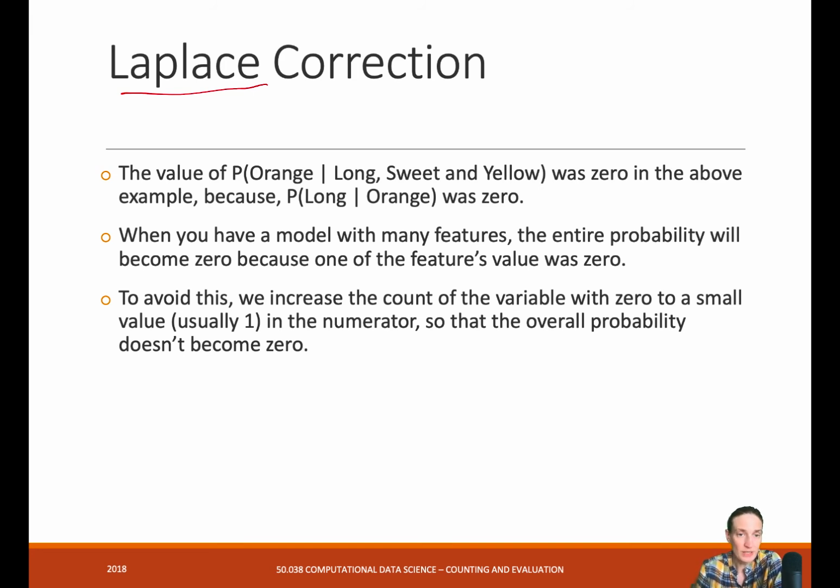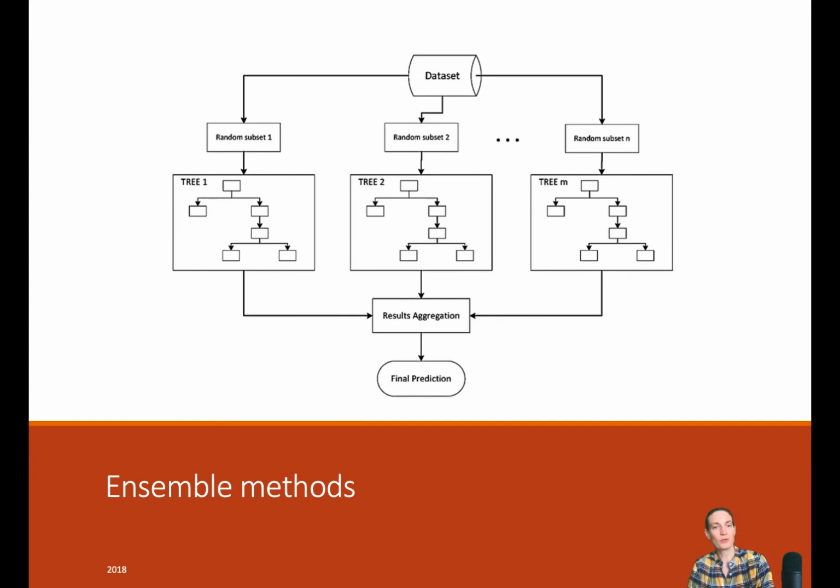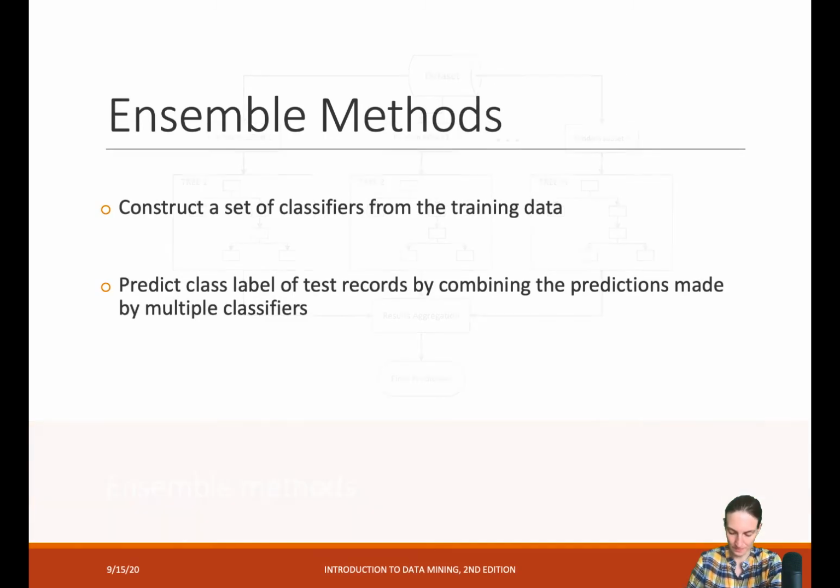All right, that's basically naive Bayes. It's a very simple method. And that brings us to some exciting hybrid methods, which we refer to as ensemble methods. In an ensemble method, we basically construct a set of classifiers from training data. The emphasis here is on set because we're actually creating many classifiers.